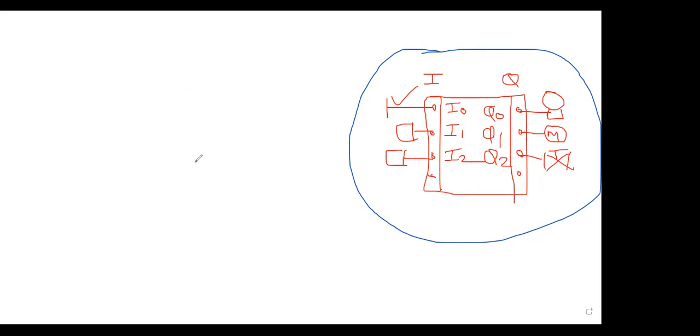Press any single switch, Q0 will be on. Draw this ladder diagram and send it to the WhatsApp group.